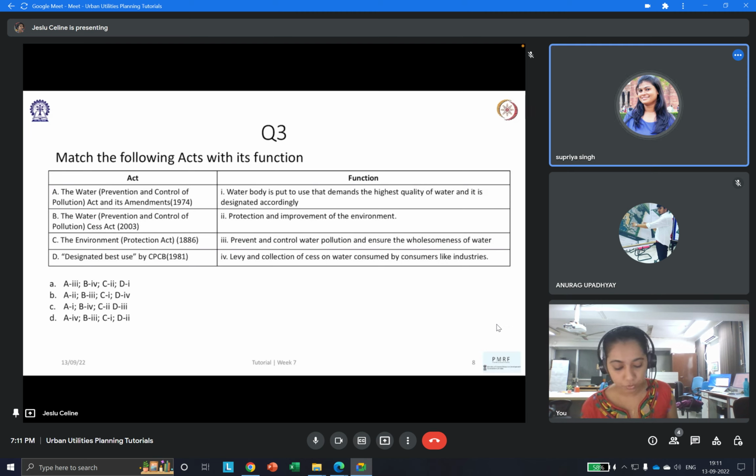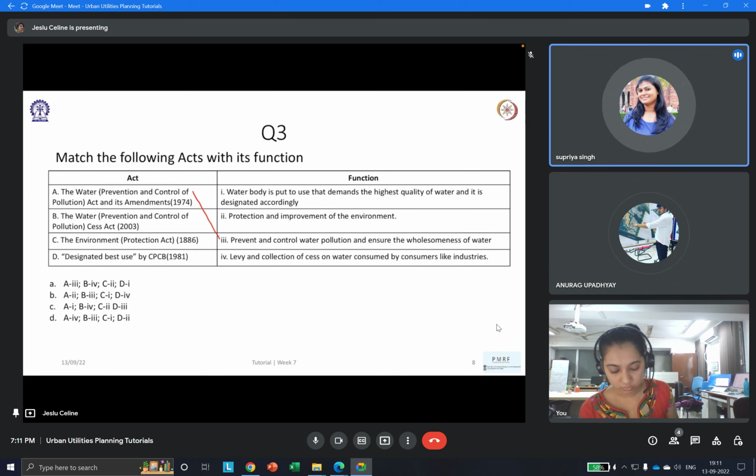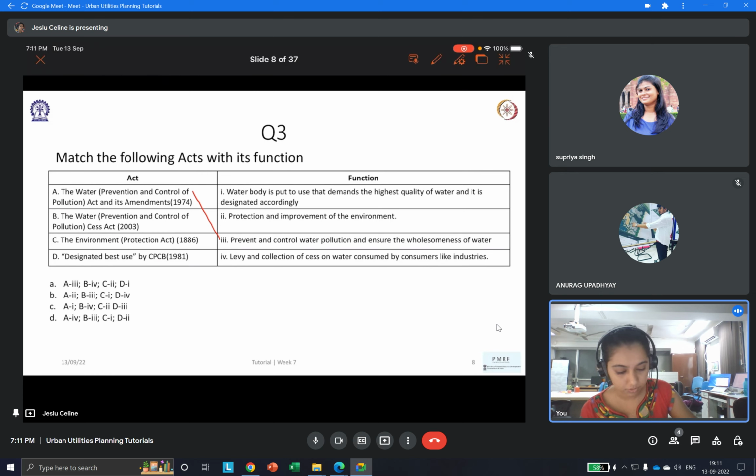Is it water put to use that demands the highest quality of water? No, it should be prevent and control water pollution and ensure the wholesomeness of water. Okay, let's go by what Supriya is saying right now, and maybe after that, Anurag, we'll come to you.